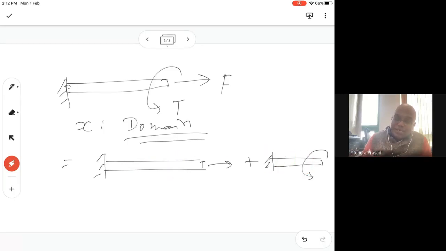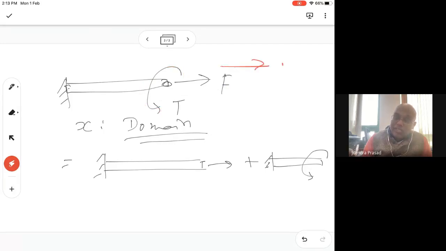But what happens here is that your degree of freedom per node has changed now. How? There is something called degree of freedom. In this case, you have 2 degrees of freedom. If there are 2 forces here, one in the X direction and one in the angular direction, the degree of freedom will also be 2, right?